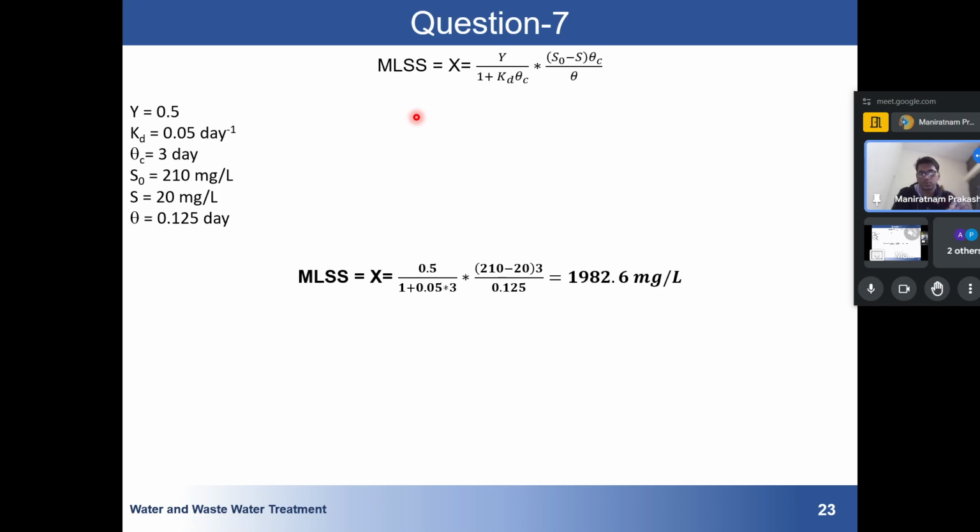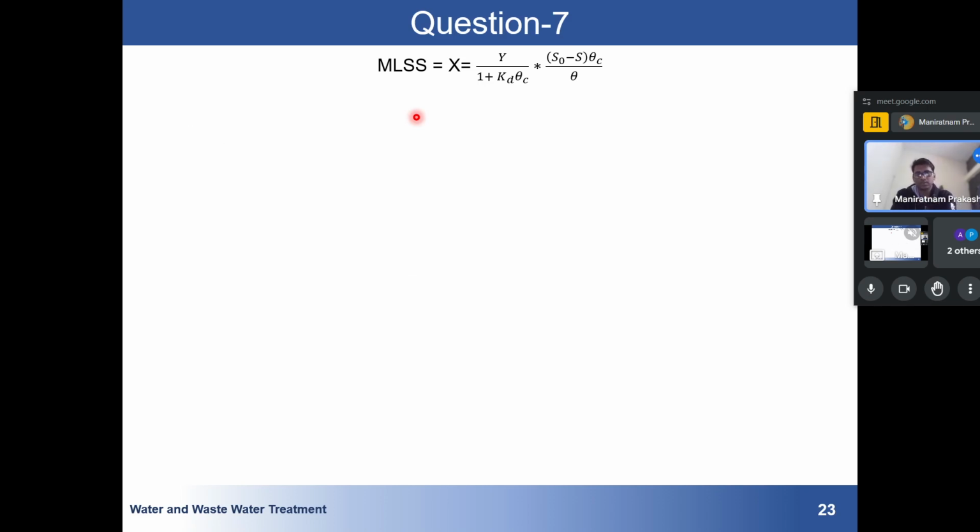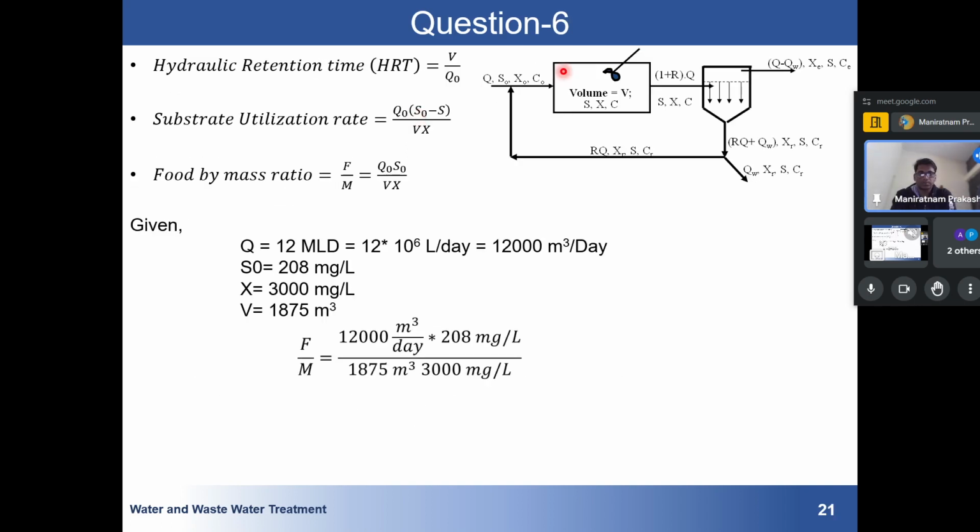People use it in real water treatment plants to solve certain problems, like how much sludge we have to add back into the system so that it is optimized and working well. We cannot add as much as we want, because adding too much sludge can hamper the functioning of the aeration tank.